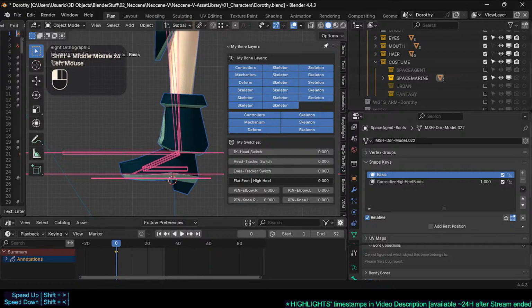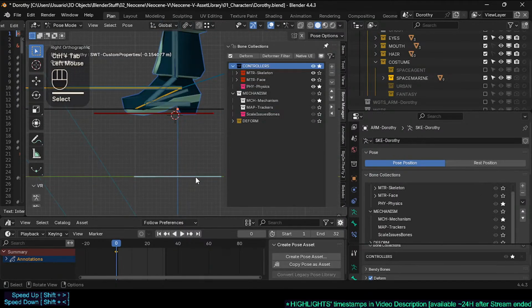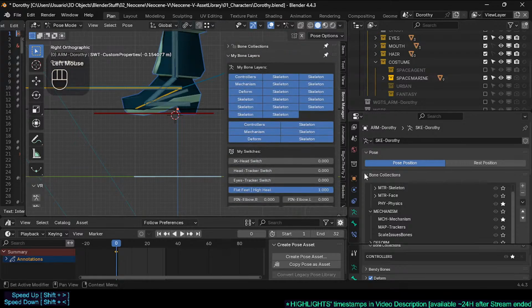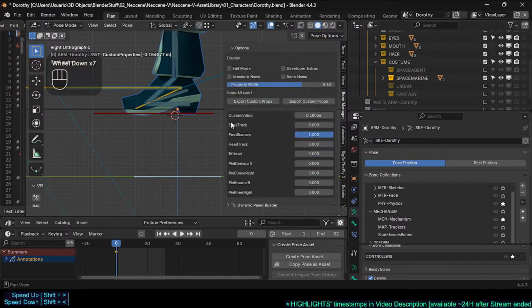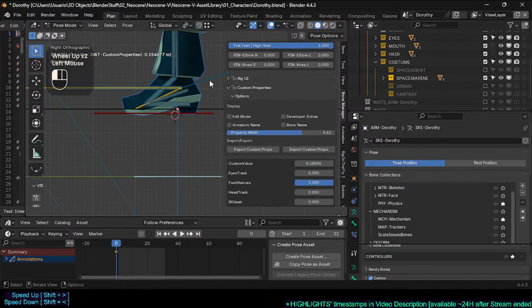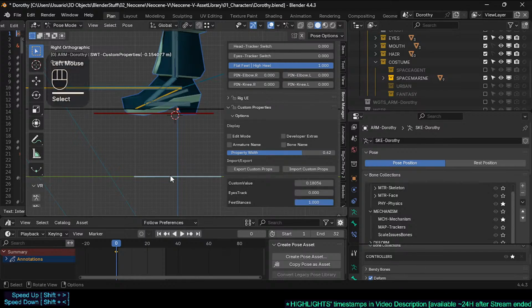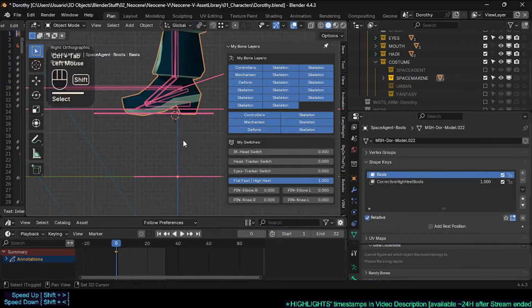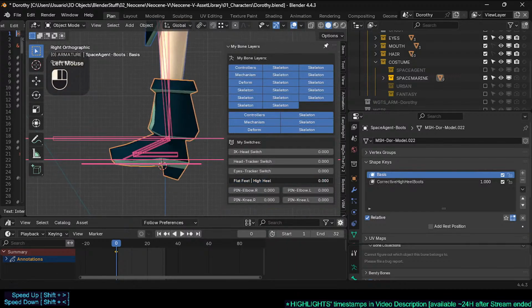If we select the bone, we also have access in the tab here, the sidebar region, but you need to have the bone selected, right? And you need to be on the armature object, otherwise it vanishes.